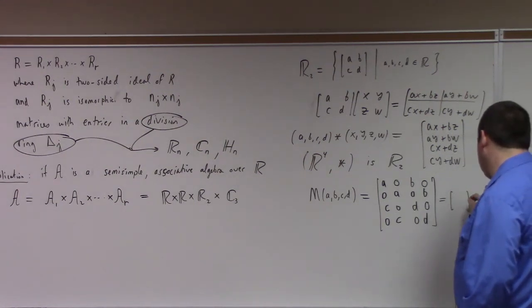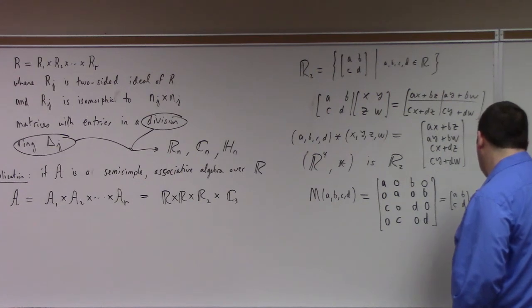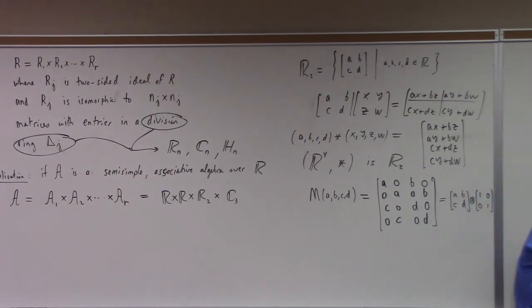Which one is it? So the left regular representations of the matrix algebras are all like this. They're just tensor products of the identity, like that. Something like that.